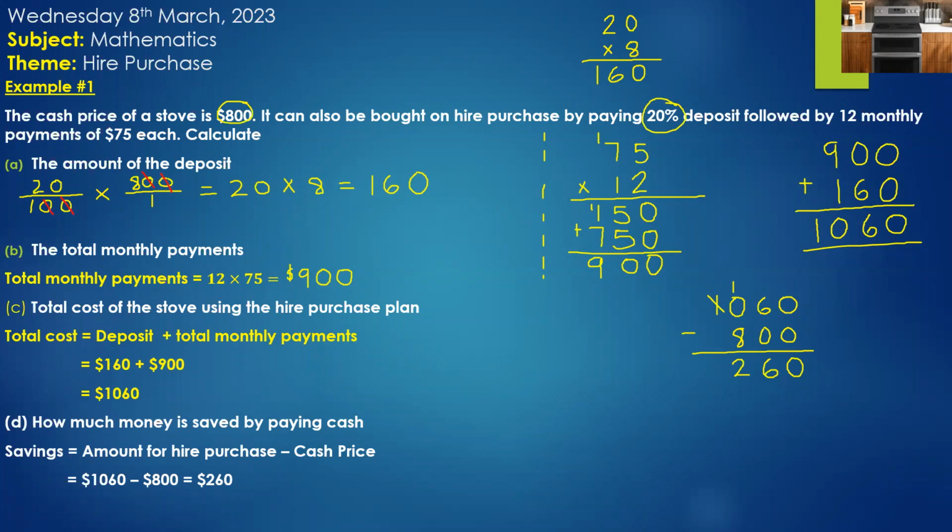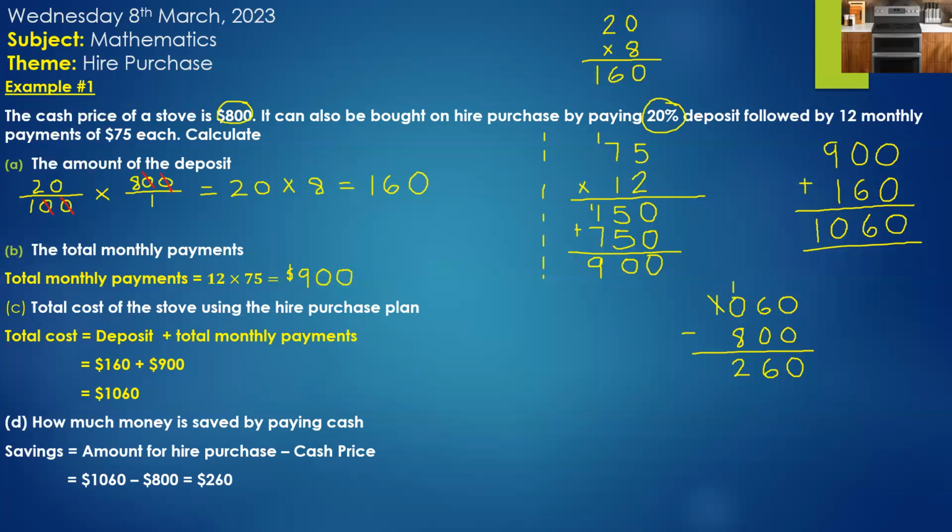Okay, so example number 1 says the cash price of a stove is $800. It can also be bought on hire purchase by paying a 20% deposit, followed by 12 monthly payments of $75 each. Question A is asking us to calculate the amount of the deposit.